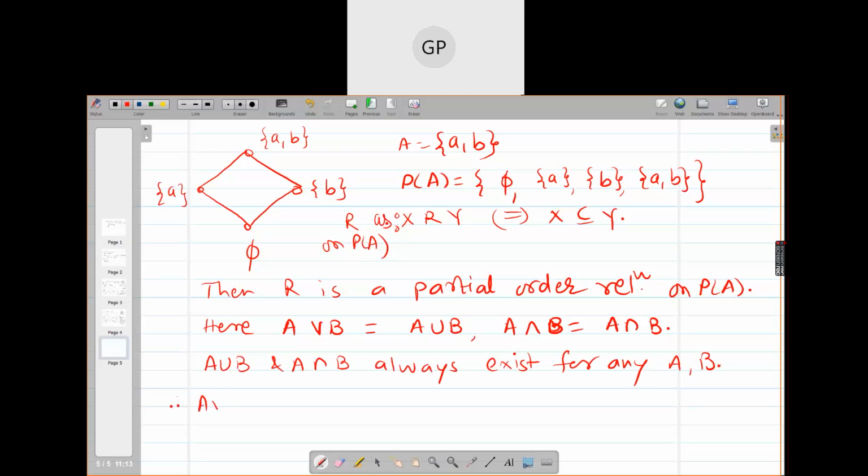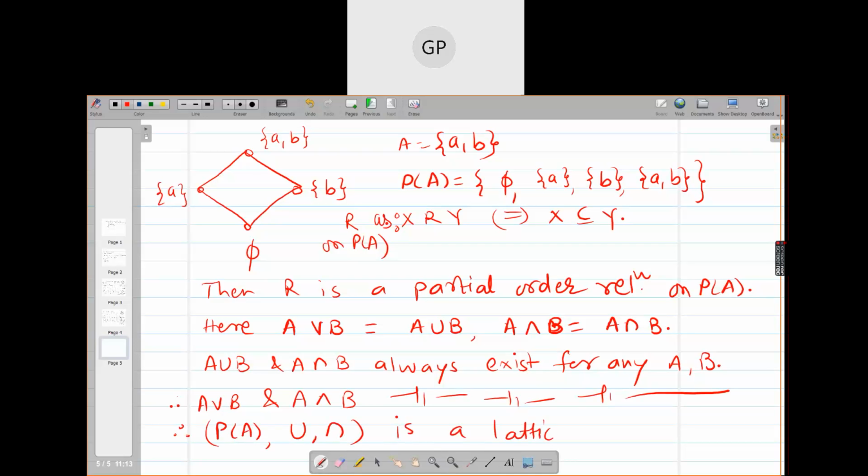And therefore, A join B and A meet B also always exist for any A, B. Therefore, P of A under union and intersection is a lattice, first of all. Okay?